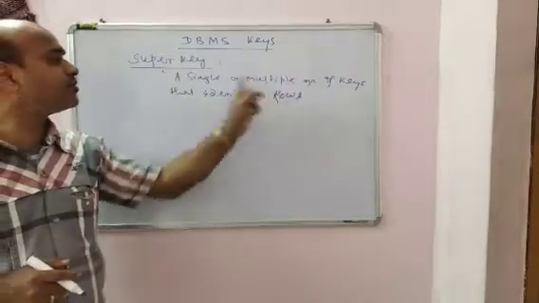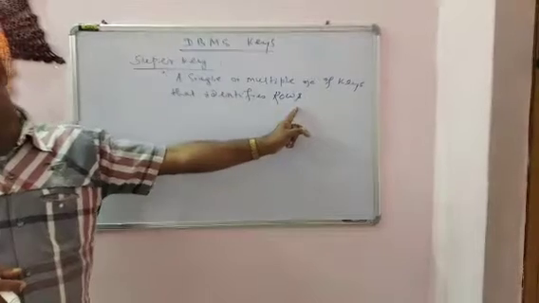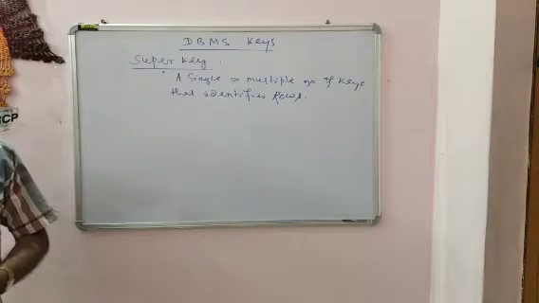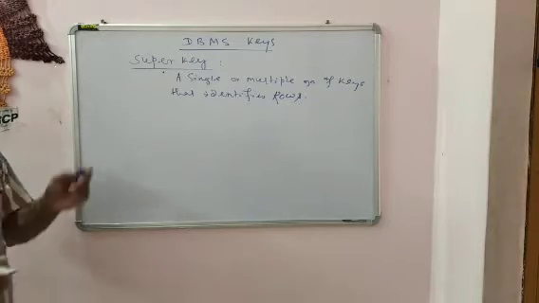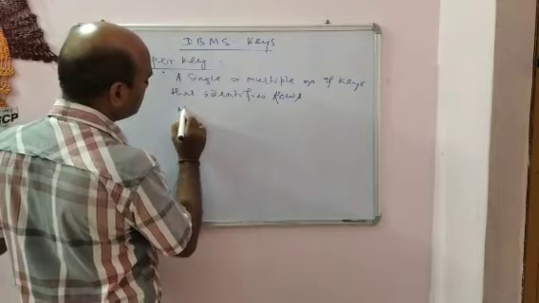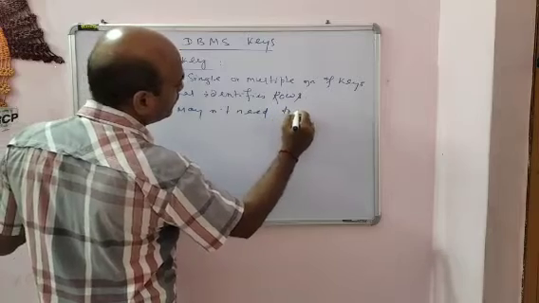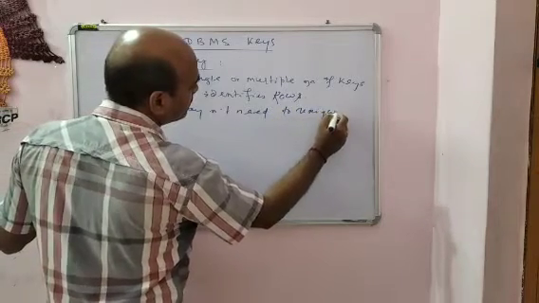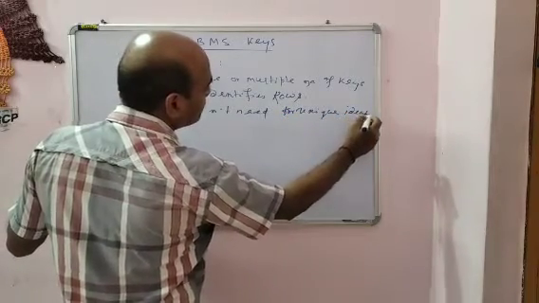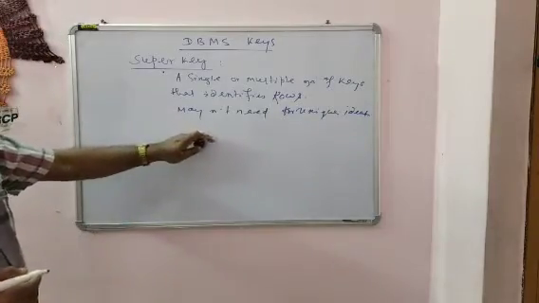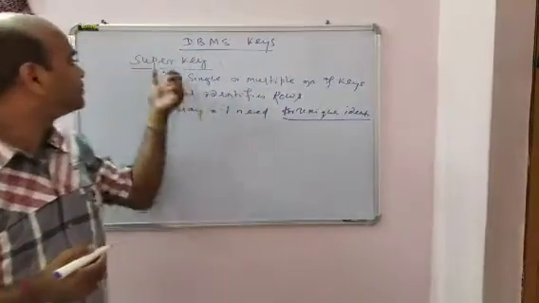These multiple keys identify the row in the table. So a super key may have additional attributes that are not needed for unique identification. That means this super key may not need it for unique identification. So unique identification is not compulsory for this super key.